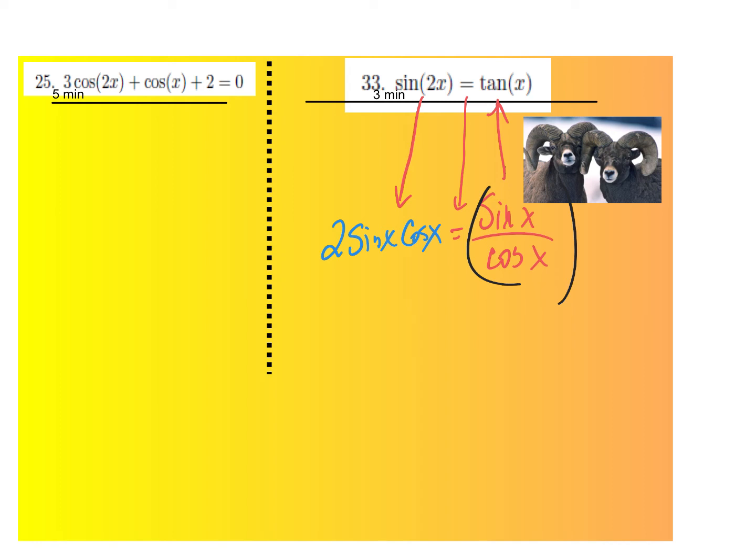Who knows what we should do from this moment right here where we got 2 sine x cosine x and sine x over cosine x? We did it on the last problem. What did we do on the last problem that we haven't done on this problem yet? Nope. Good guess.